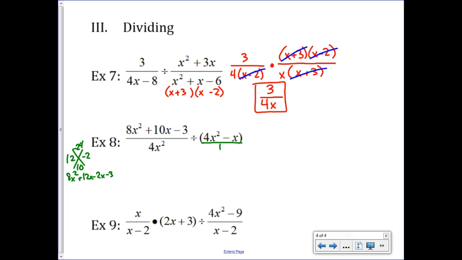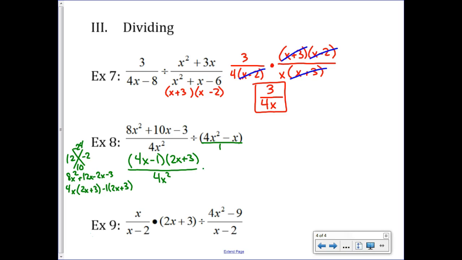So then I can take a 4x out of there, I have 2x plus 3, and I can take a negative 1, so I have 2x plus 3. So this numerator would be 4x minus 1 and 2x plus 3 over 4x squared.